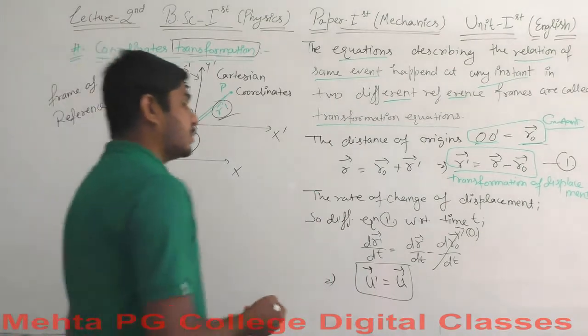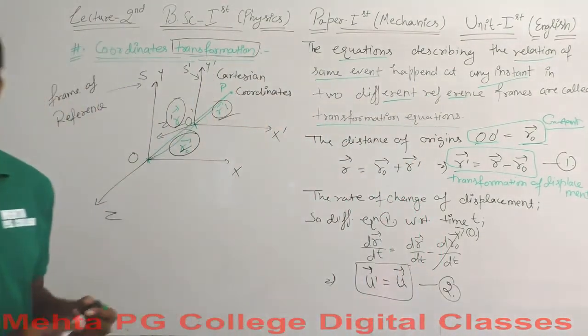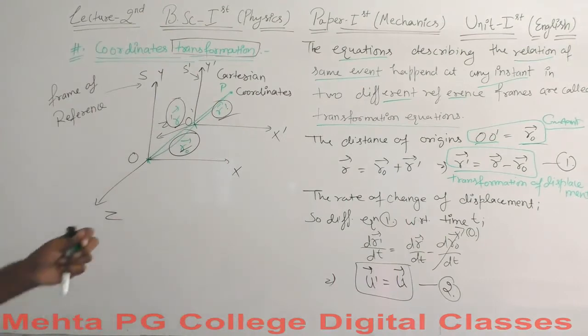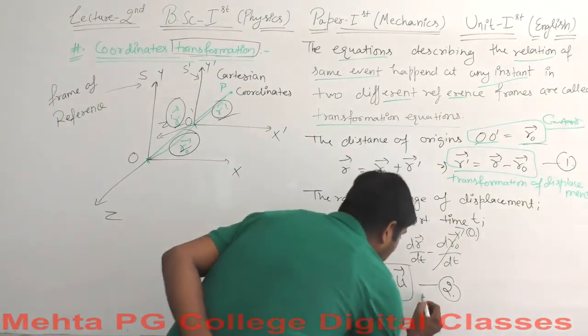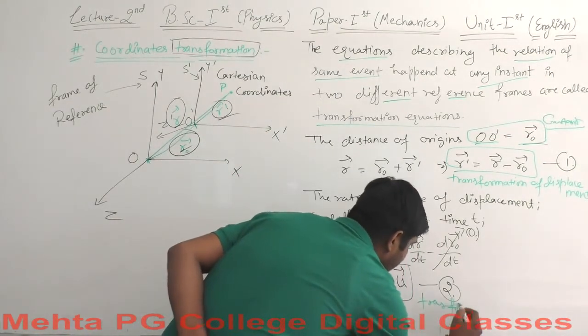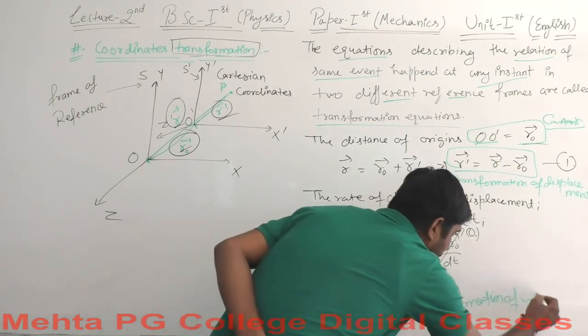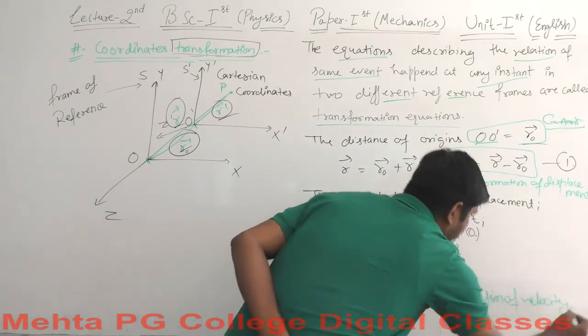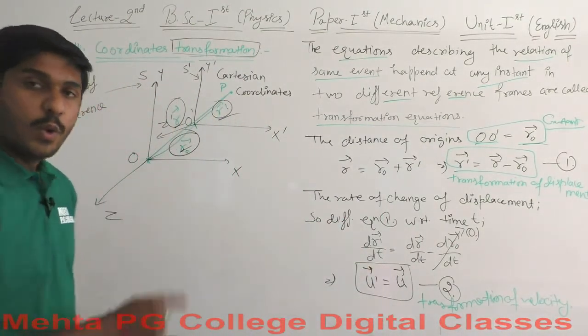Let's say this is equation 2. By now you can see that equation 2 gives us the transformation of velocity. Equation 2 is the transformation of velocity.